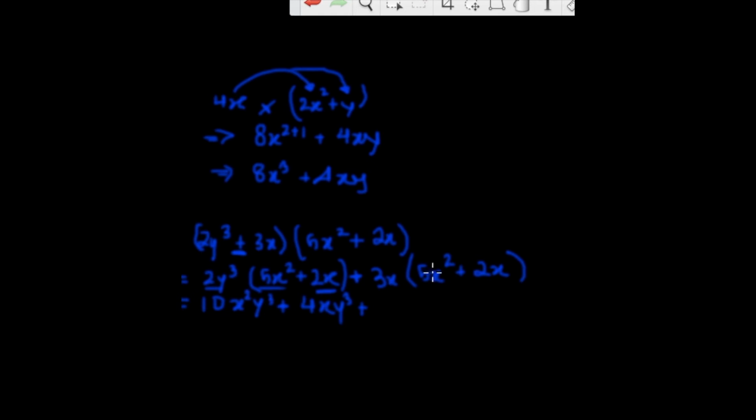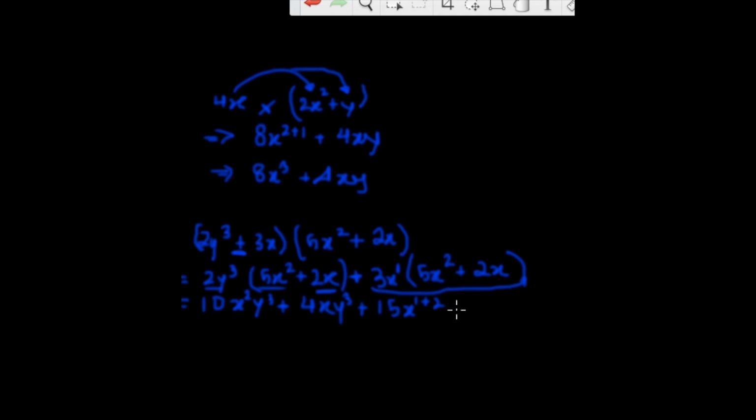Plus, and then you need to open up this part of the expression. So then it would be 3x times 5x squared. First you multiply the coefficients, 3 and 5, which gives you 15. Then you need to add the exponents. For x, that's 1 over there, so it would be 1 plus 2.